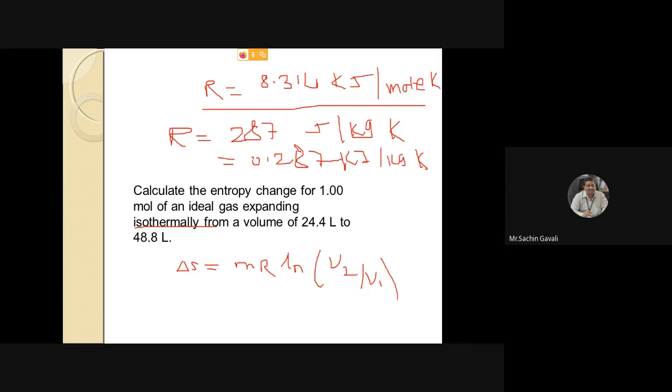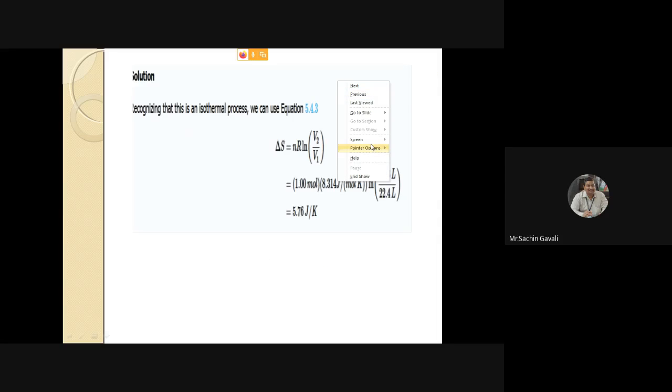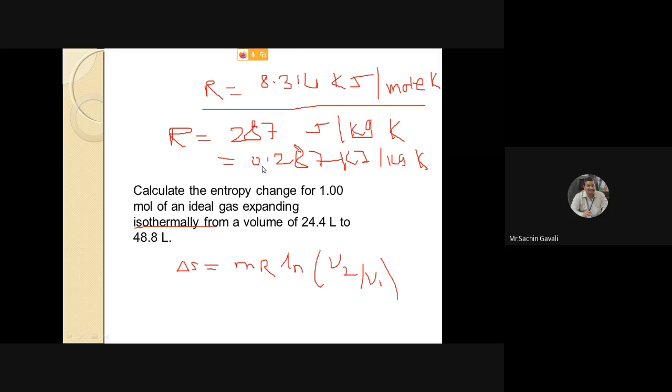Sorry, it is going to be not kilojoule, it is joule. So in terms of mole, R is 8.314 joule per mole Kelvin, and here 287 joule per kg Kelvin. So instead of that m, we can consider it as n.